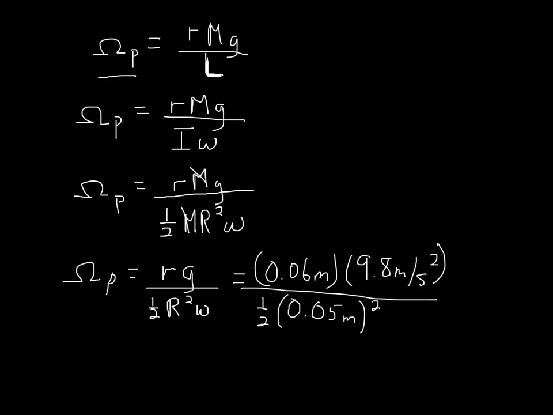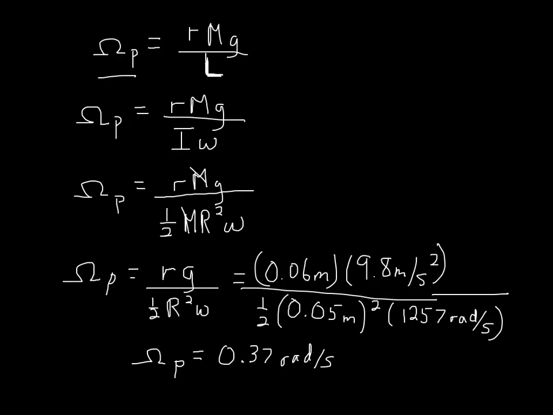And then my angular velocity, the speed my disk is rotating, is 1257 radians per second. I plug in all my numbers, and I find my angular precession velocity, omega, is 0.37 radians per second.